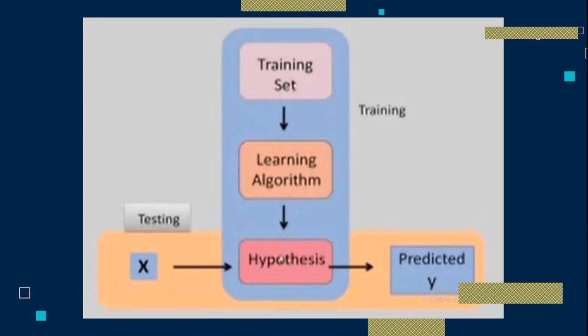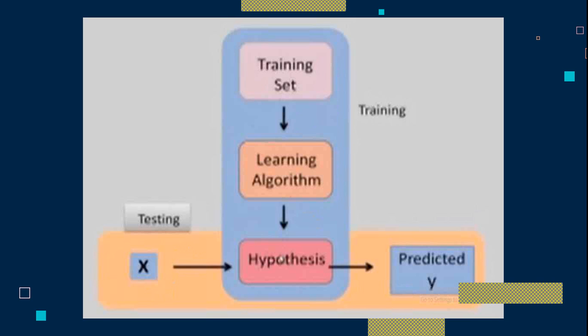Training algorithm. This is a normal supervised machine learning architecture, or you can say how the supervised machine learning algorithm works. This is a very basic workflow diagram I would like to show about the supervised machine learning algorithm.